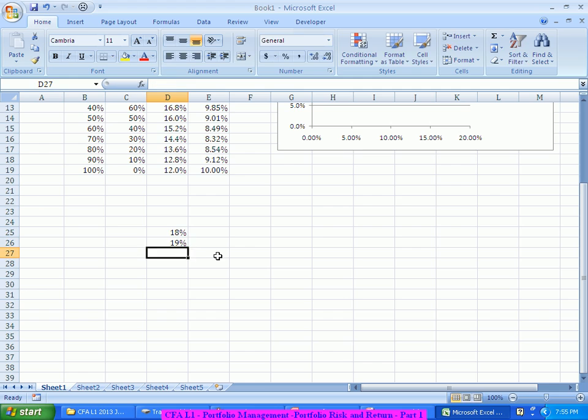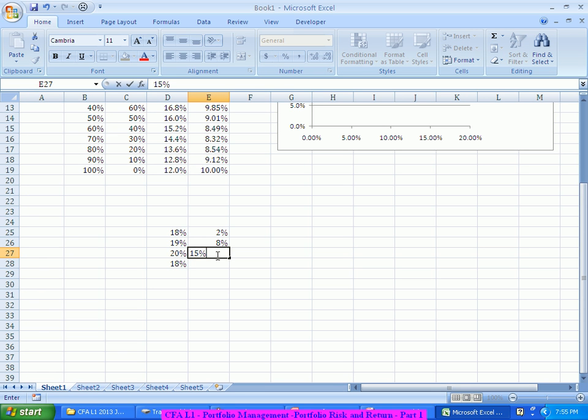18, 19, 20, 18, 2, 8, sorry, 15, 30. Now if A is 0, which is risk neutral, the equation is straightforward.